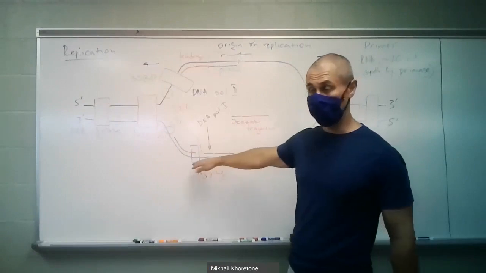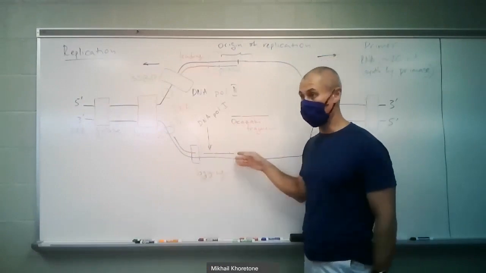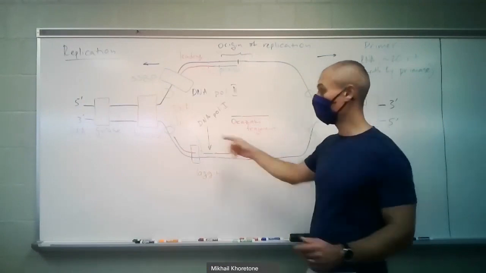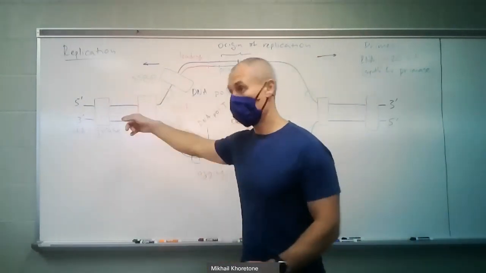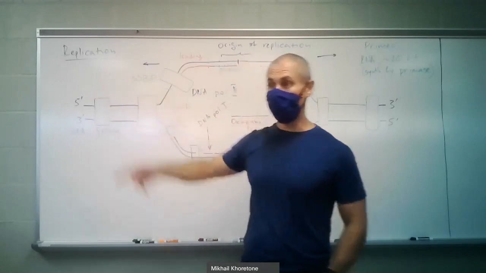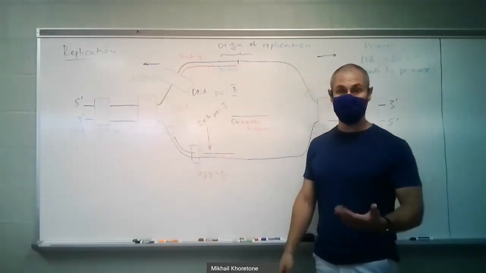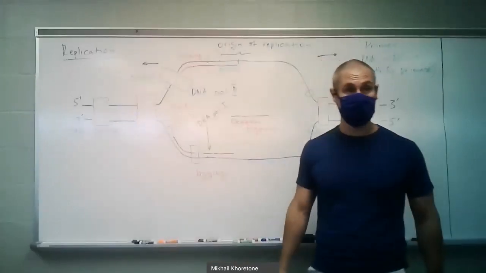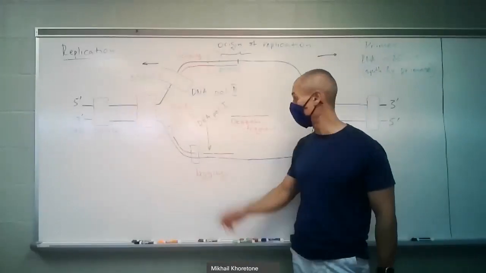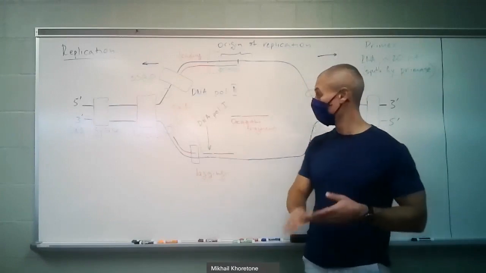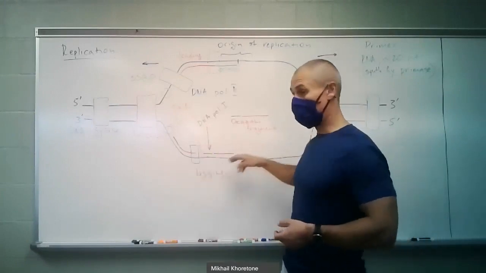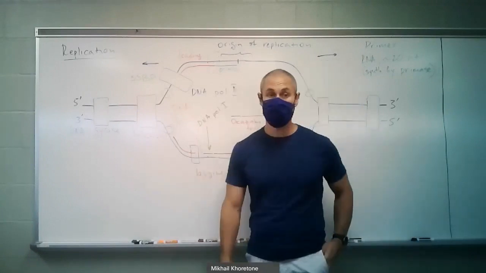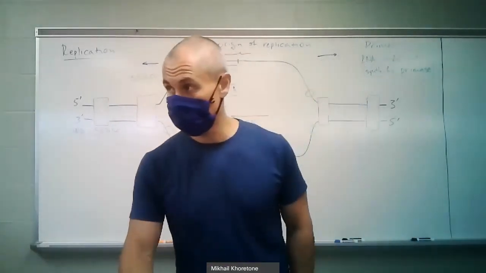Therefore, DNA polymerase 3 has to synthesize DNA in short fragments that we call Okazaki fragments, jump backwards, and do this jump backwards stunt till the end of the replication process. RNA primers are replaced with DNA by the enzyme called DNA polymerase 1, and then Okazaki fragments are stitched together by the enzyme called DNA ligase.